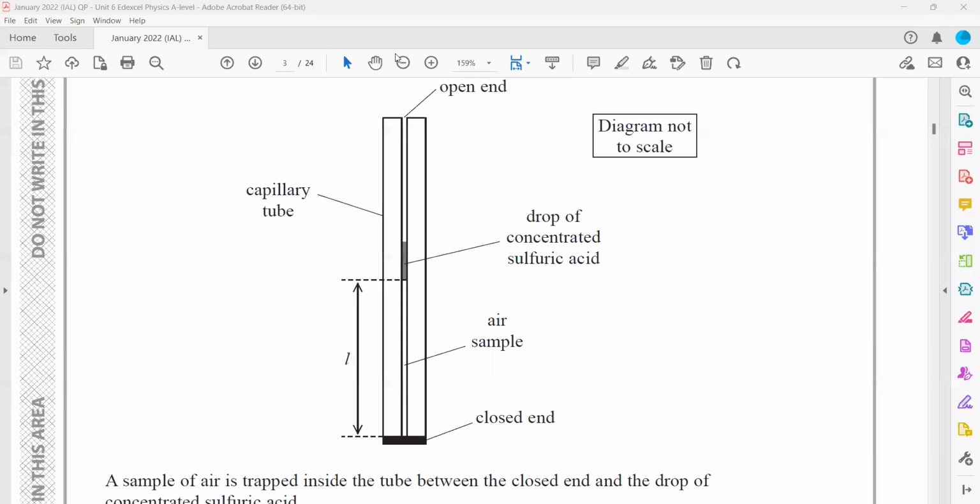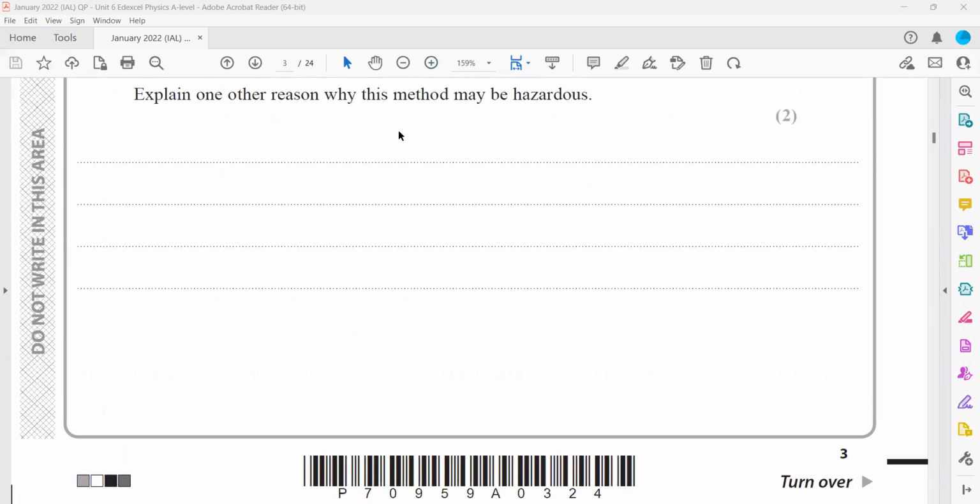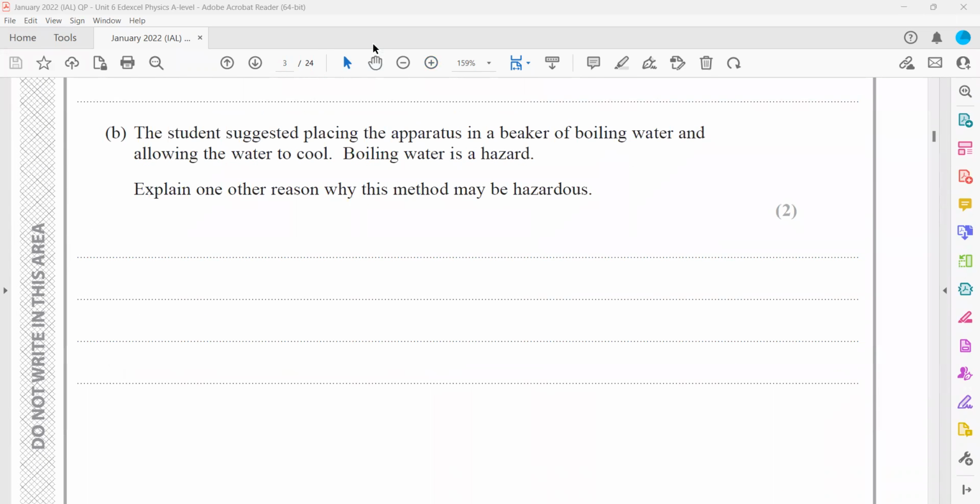The air which is inside will expand, and when this air expands, the drop of sulfuric acid might come out. That is why this process is hazardous, according to the use of sulfuric acid.